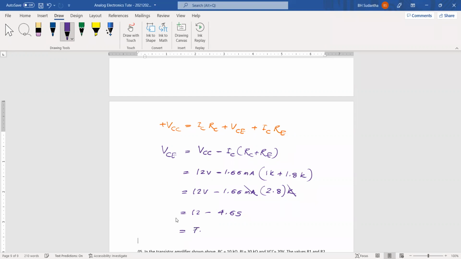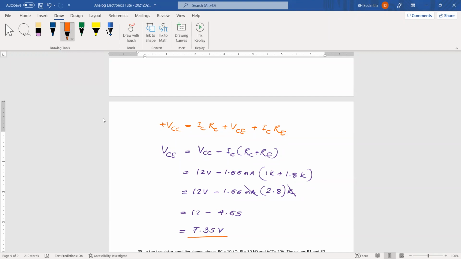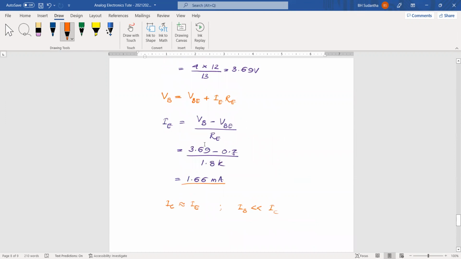This is 7.35 volts. This is the other value we need. This is the VCE value, and this is the IC value.